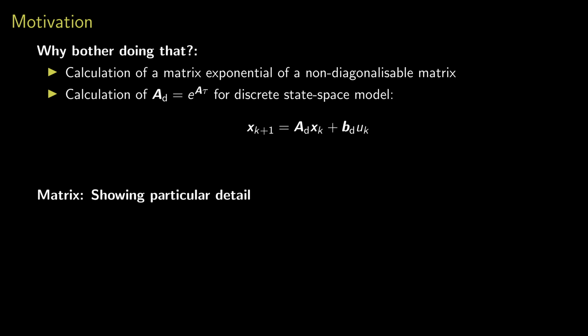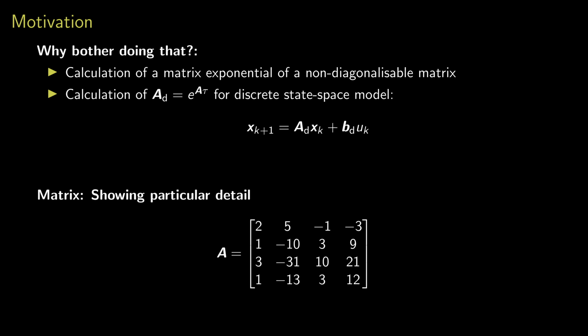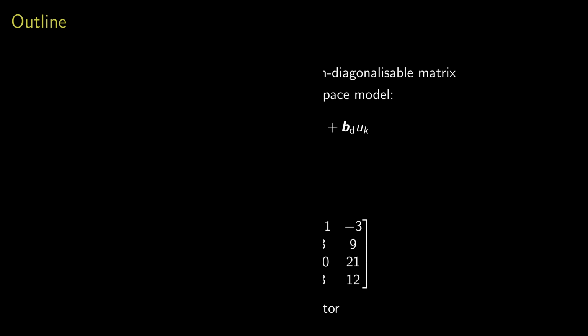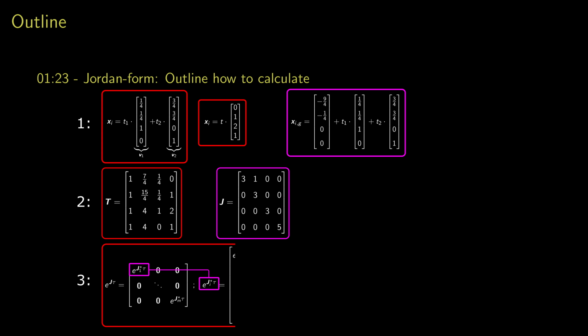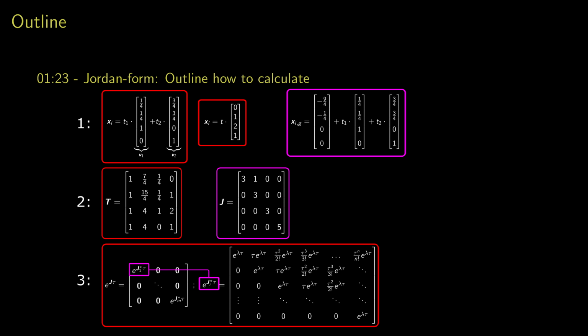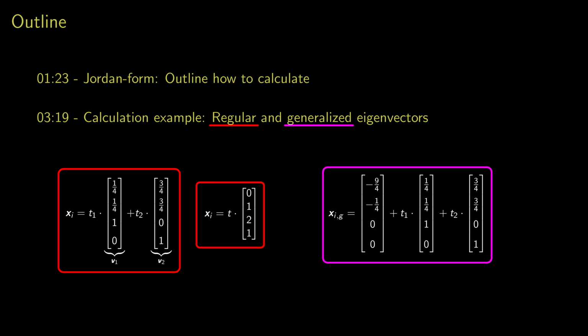For the video here, I chose a particularly nasty matrix where we have to take an extra condition into account when it comes to calculating the generalized eigenvectors. The video is split into the following parts. We begin by looking at the step-by-step overview of how to calculate the Jordan form, and afterwards we cover the individual steps. First, how to calculate the regular and, more importantly, the required generalized eigenvectors.